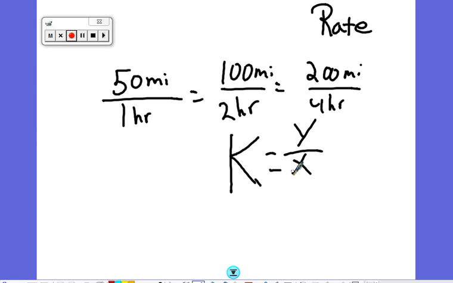Now, if I rewrote this problem, because say I am missing a different piece of the puzzle, another way to write it with the constant would be Y equals K times X, which is something you've been doing a little bit already. So we're going to go back to our old fancy ratio boxes and keep them very simple today. It's a great organization tool for people who like to organize things.